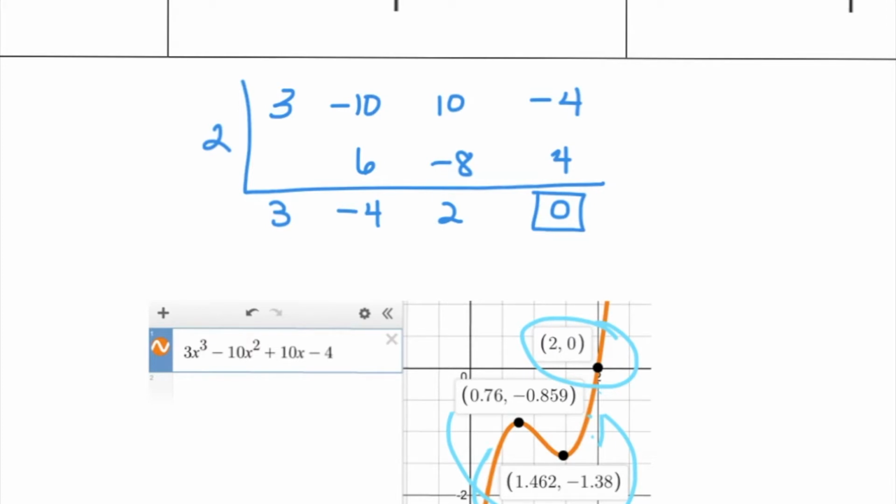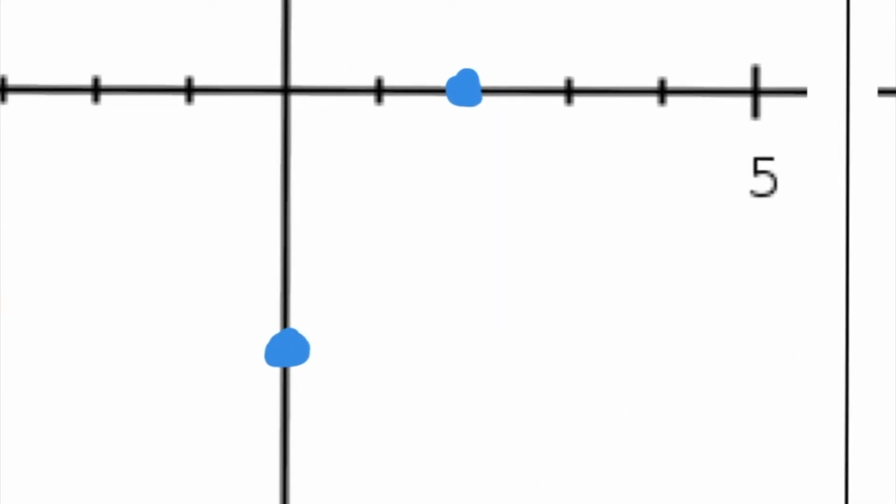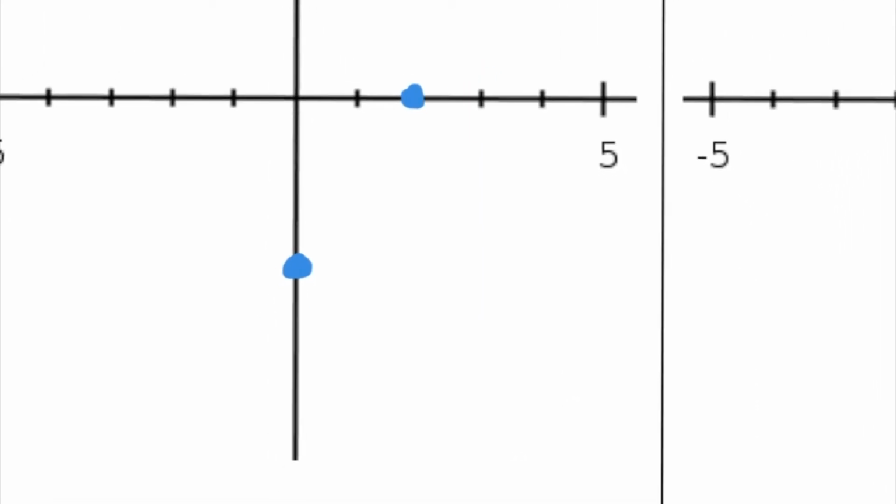So let's just zoom in here, and your end behavior is down here and up here, and then here you've got that little doojiggy, kind of like that.